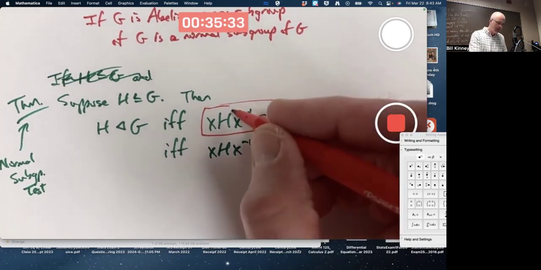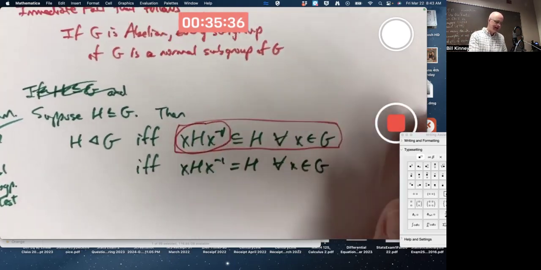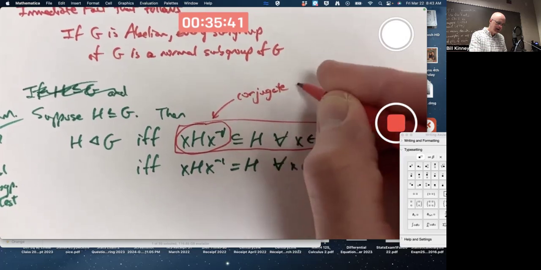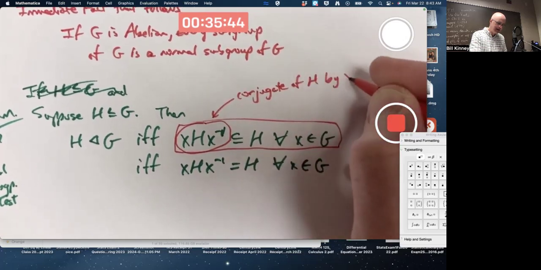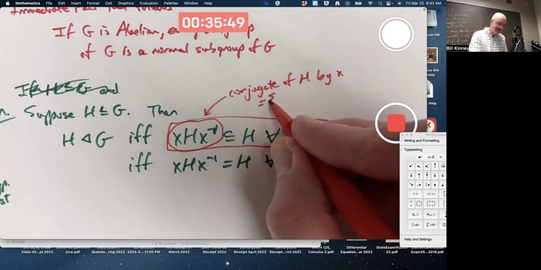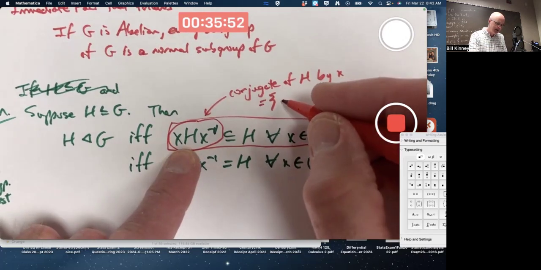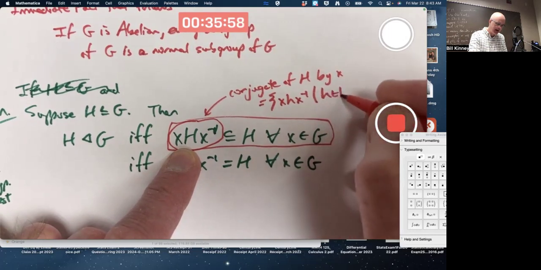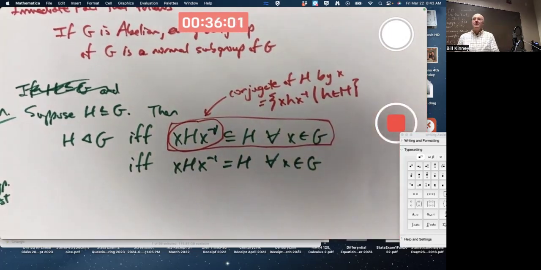We have encountered this thing before. What is this? That's called a conjugate of H by x. What's it defined to be? It's the set of all elements, I hope you could guess what it's going to be, of the form x times little h times x inverse as little h varies over capital H. Back about a month ago, we did verify with a subgroup test that that's a subgroup of G. We did that in class.